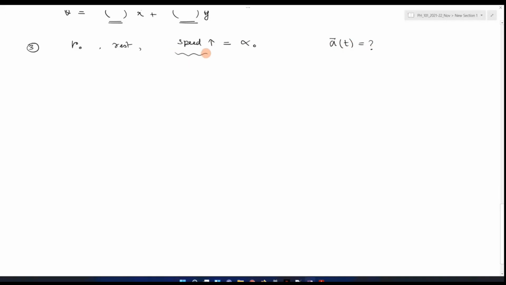Can you tell me what will be the mathematical definition for speed increasing at the rate alpha 0? A constant tangential acceleration. Okay, can you tell me the mathematical definition of speed?